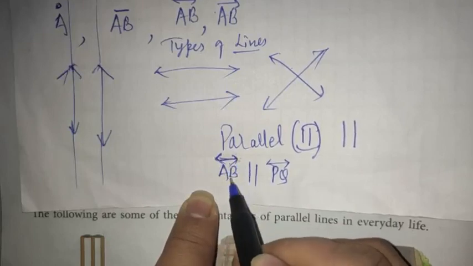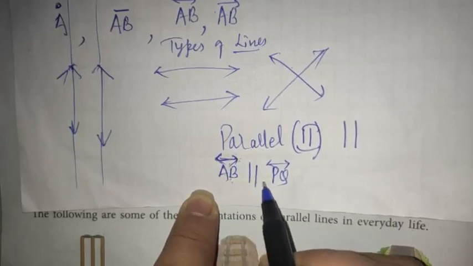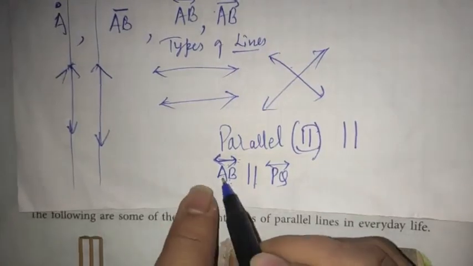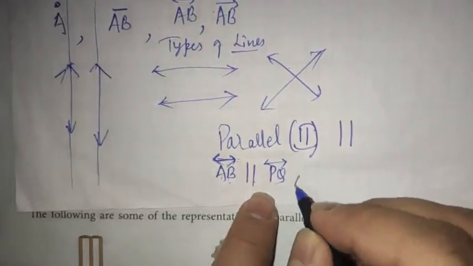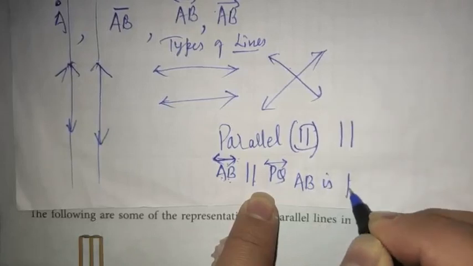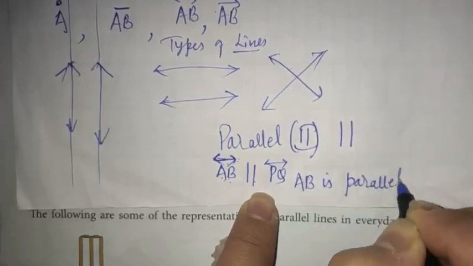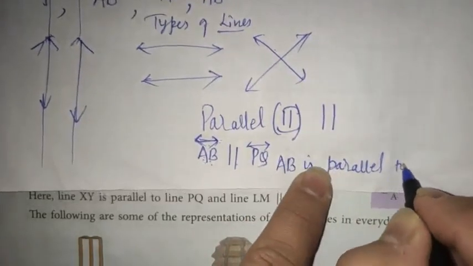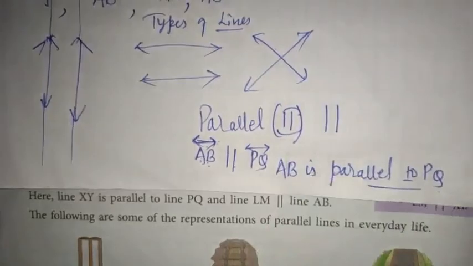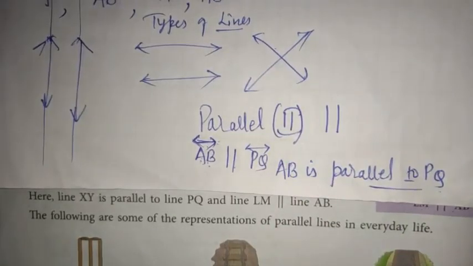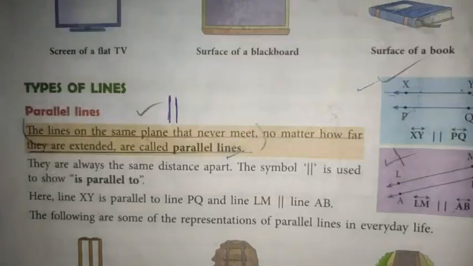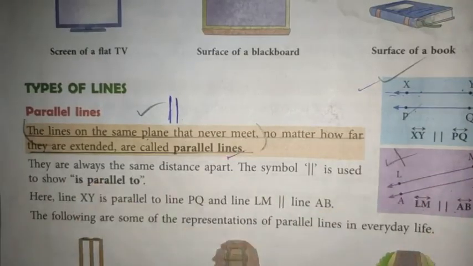AB is a line here. AB line is parallel to PQ line, or simply you may say AB is parallel to PQ. So this is the way of expressing it in words or in a sentence. You have to express it in such a manner.